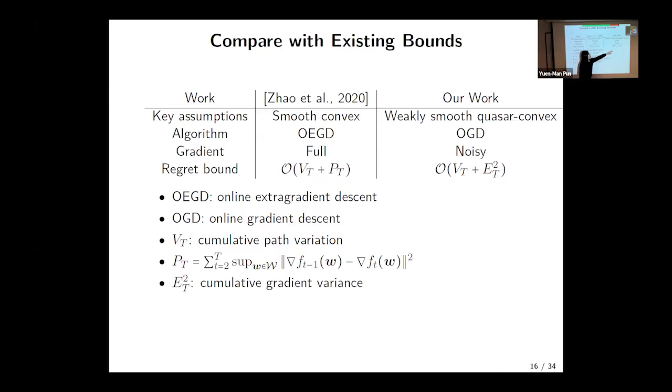And using our notion and our proof techniques, we can actually improve the regret bound here. And here ET squared is the cumulative gradient variance, because we are using stochastic gradient, so there is some gradient error involved.